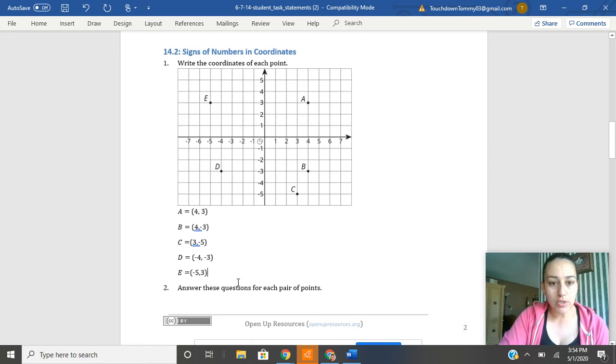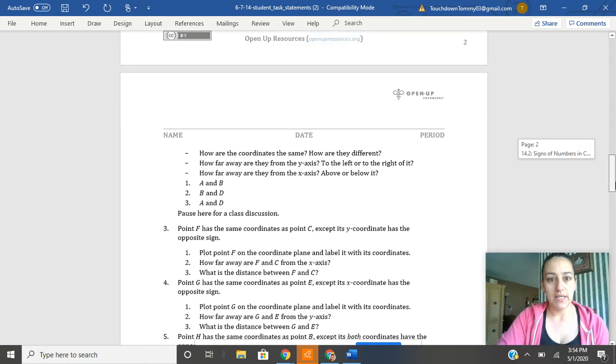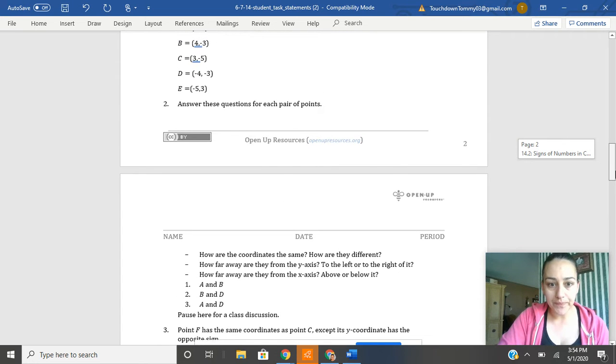So then we've got some questions for each pair of points. How are the coordinates the same? How are they different? How far away from the y-axis, to the left or right of it? How far away from the x-axis, above or below it?